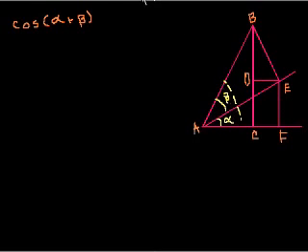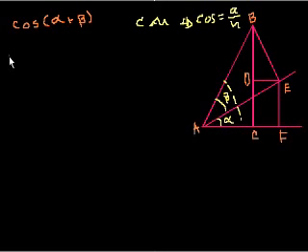SOHCAHTOA. So cosine is adjacent over hypotenuse. For this large angle, what's the adjacent? It's line AC.